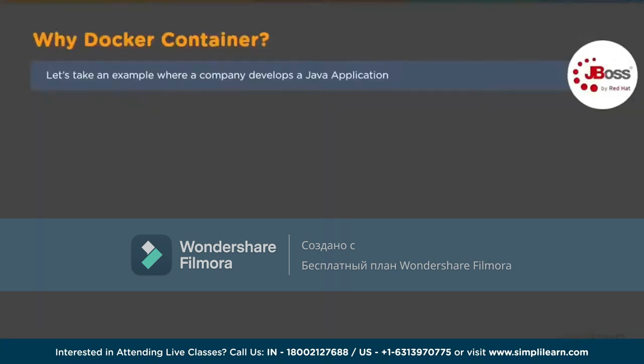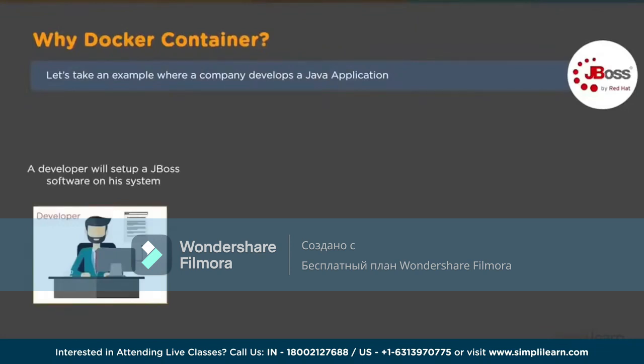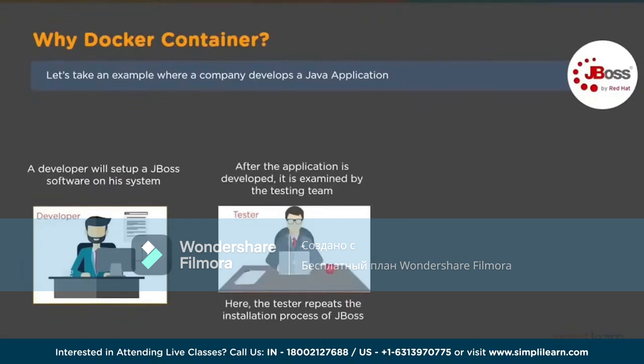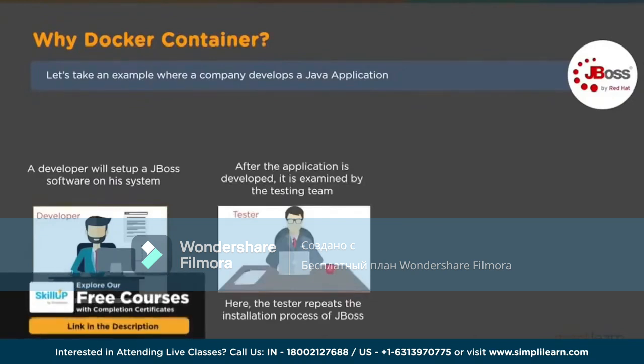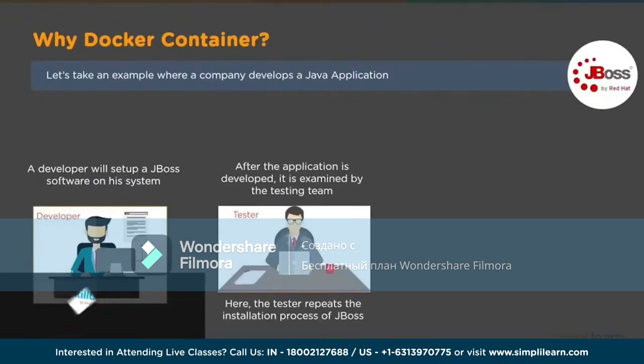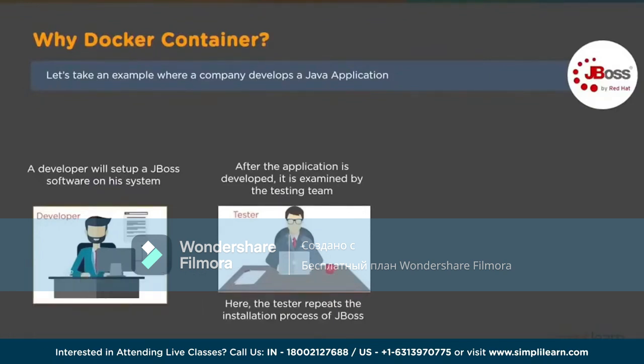So let's have a look at an example that you'd have today if a company is doing a traditional Java application. You have your developer working in JBoss on their system, and they're coding away, and they have to get that code over to a tester. Now, what will happen is that the tester will typically, in your traditional environment, have to install JBoss on their machine and get everything running and hopefully set up identically to the developer.